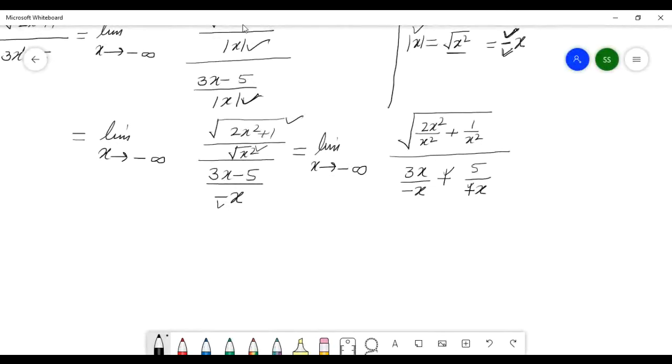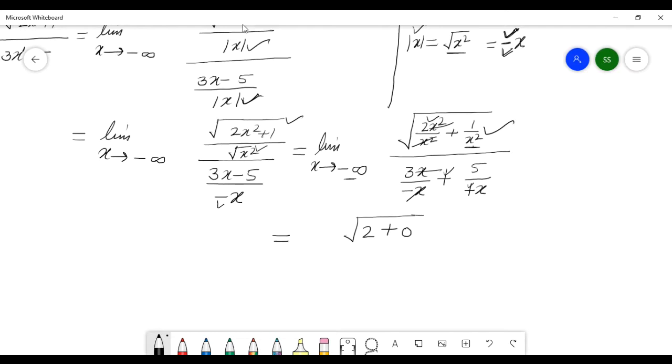What will happen here? This x and this x cancel. What is the limit as x goes to minus infinity? Here we get the square root of 2, and plus 1 divided by infinity, which is 0.